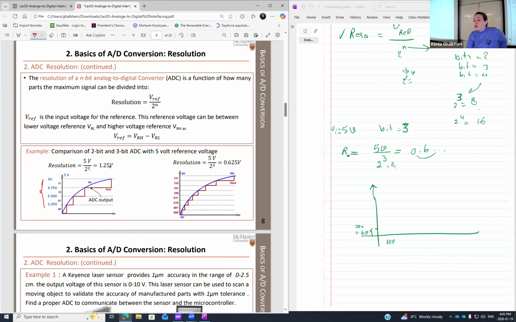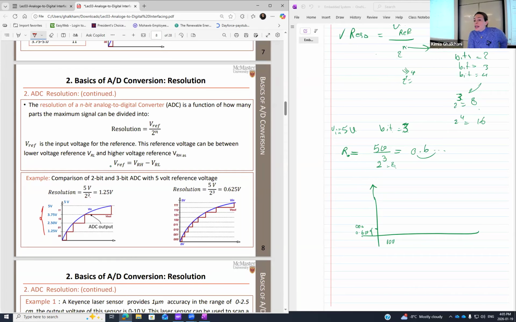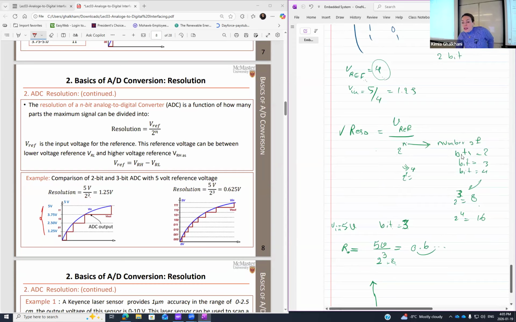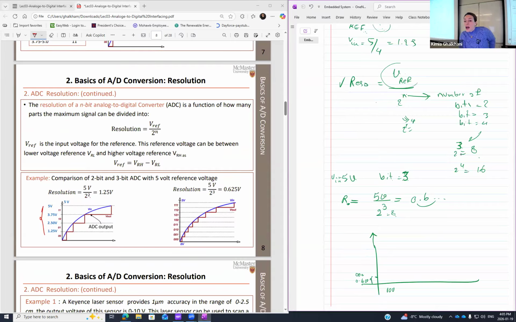Oh, these are 2 different examples. N may change. 2 to the power of 3. I don't get it. So in the above example, we did our voltage reference over 2 to the power of n. Oh, this is resolution. So then you mean in here? You mean in here?